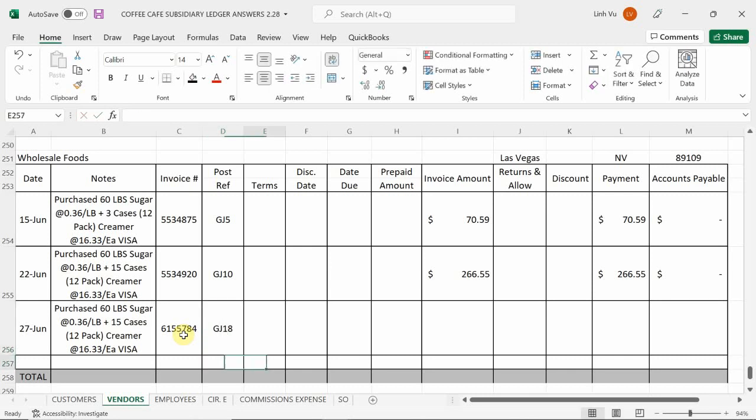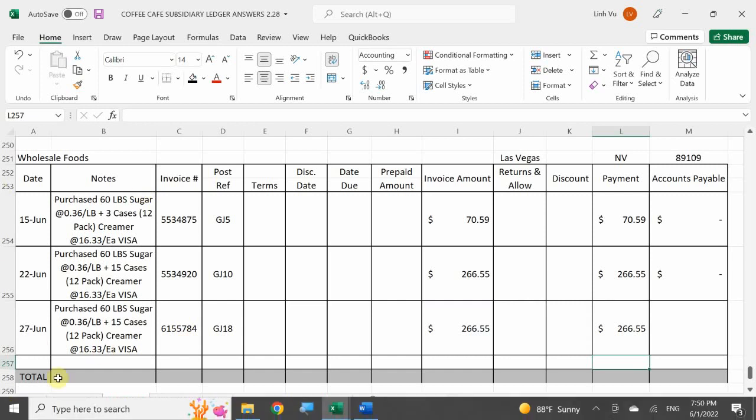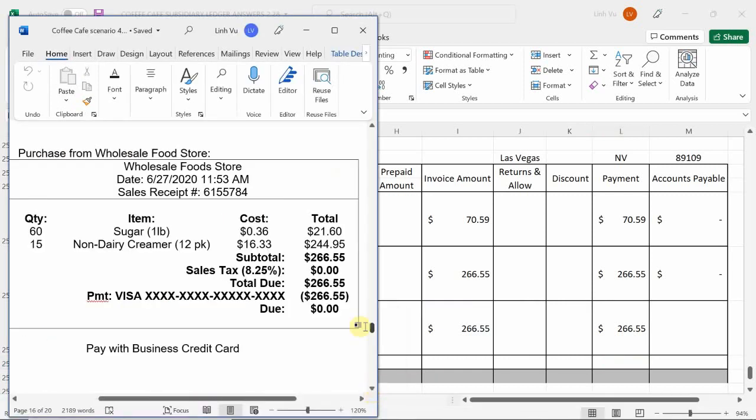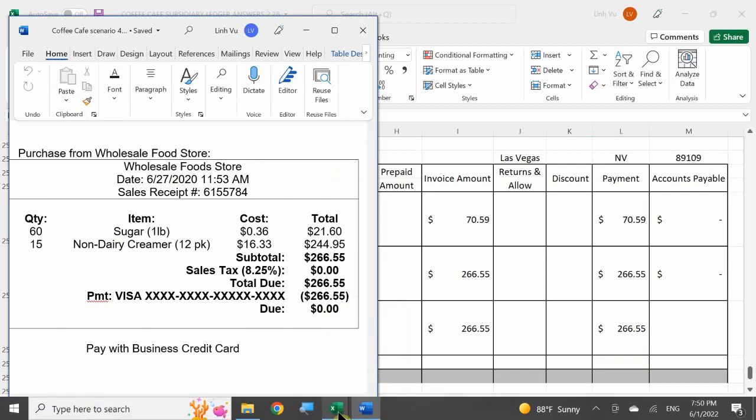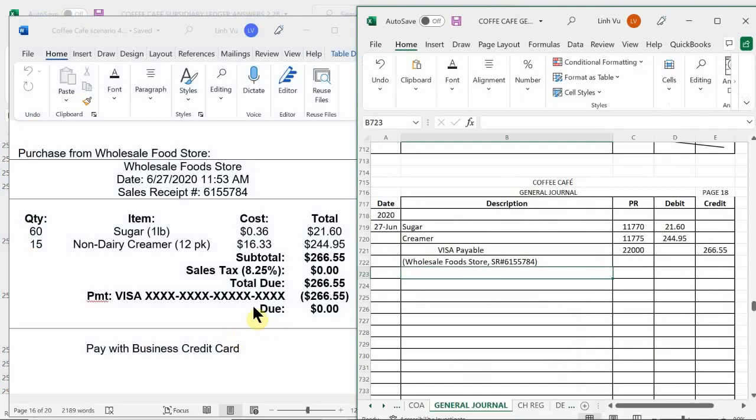Journal page 18. Okay? For a total of $266.55. And of course, we paid it with our credit card, so therefore we don't owe any money to Wholesale Food Store, right? Because we charged on a credit card, so therefore we owe the credit card company rather than the actual store itself. Okay?